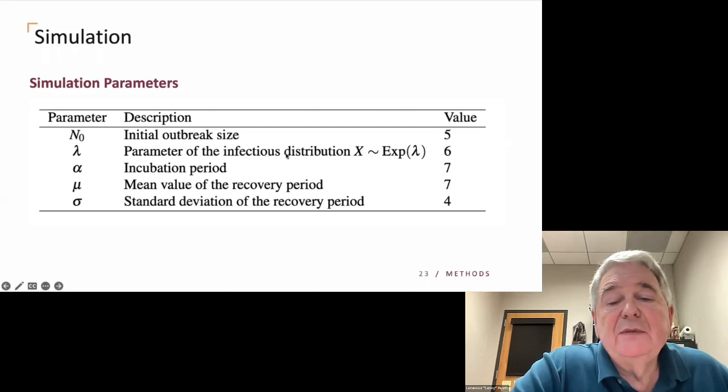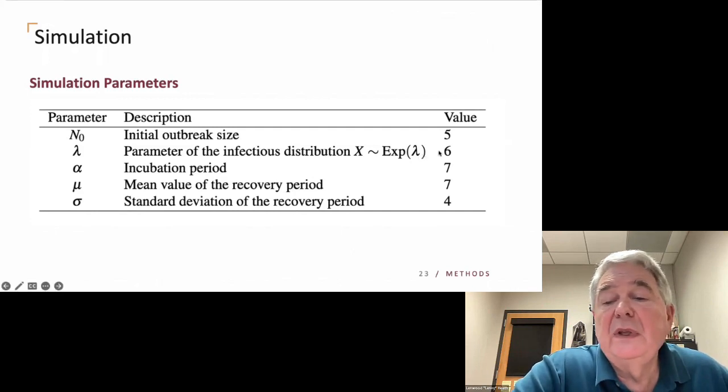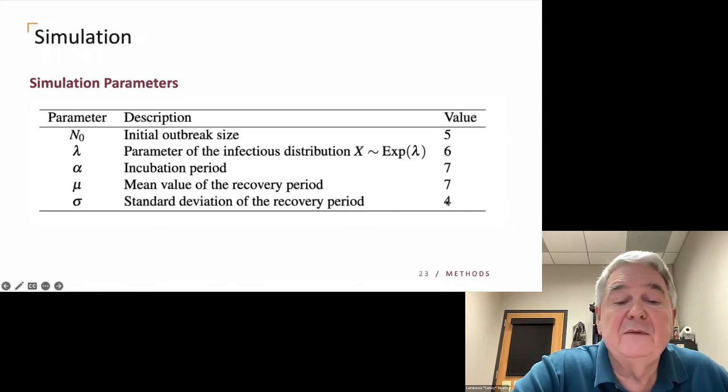The parameter for whether someone will infect someone else is exponentially distributed with a parameter lambda. Incubation period is a parameter alpha, which we chose 7. And the recovery is given by a normal distribution with parameters 7 and 4.